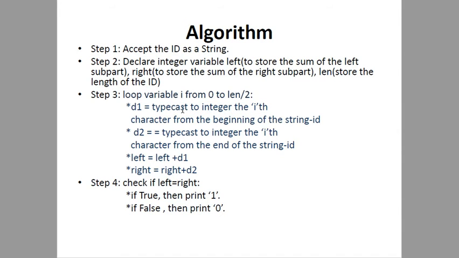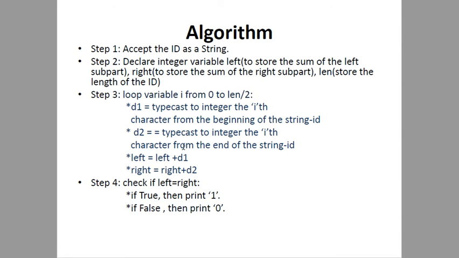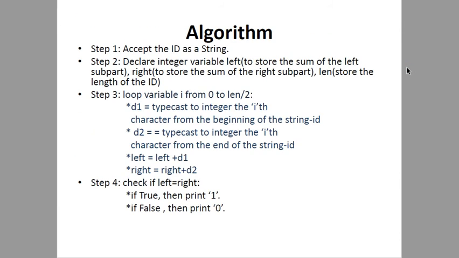Here we typecast the ith character from the beginning of the string ID, so here we typecast 1, and D2 stores the typecasted value of the ith character from the end of the string ID. So here again it's 1. So D1 stores this one and D2 stores this one. Now add D1 to left and add D2 to right.